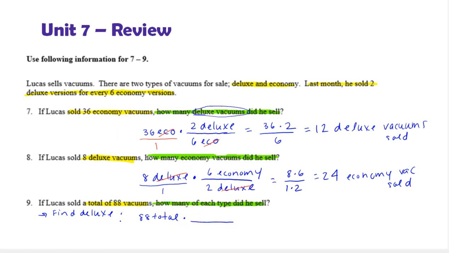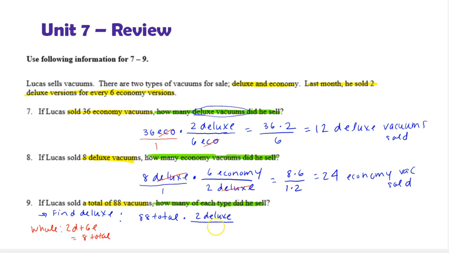Okay. Now we want deluxe, so there's 2 deluxe. And now over here, let's find the whole combining the two parts. So 2 we'll call it 2D plus 6 economy equals 8 total vacuums.